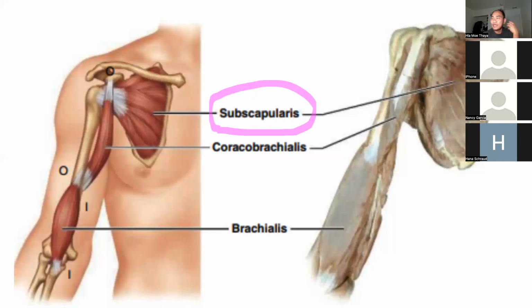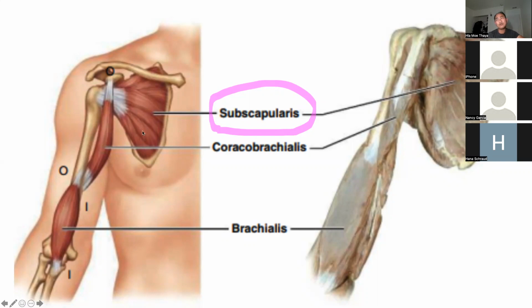And now there is a muscle which we need to go and appreciate. So this is our scapula. On the anterior surface of the scapula, there is a large subscapular fossa. In that fossa, we have the subscapularis muscle.